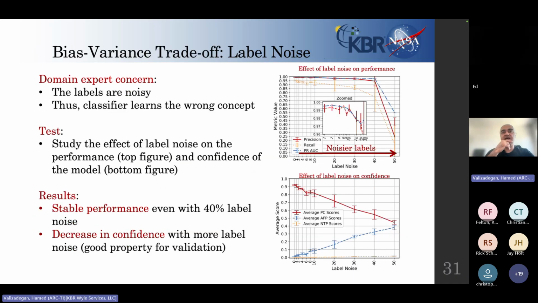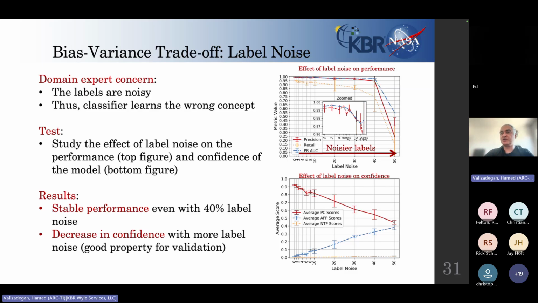We did a similar experiment because there was another concern that the labels of the training set are noisy. So we randomly introduced more noise into the data and measured its effect. Here I'm showing 0% to 50% label noise, applied not to the whole data set but to the part of the data set that is easier to get confused.